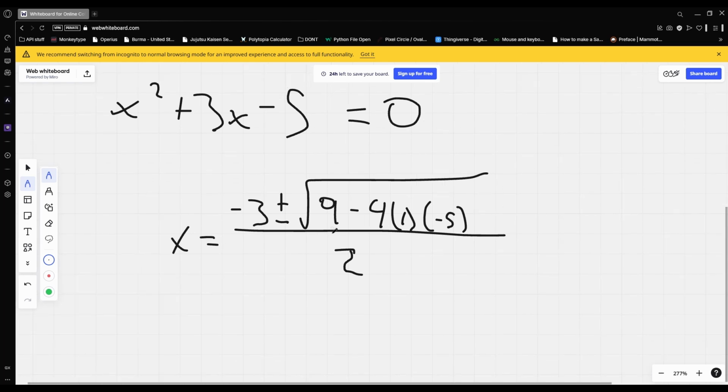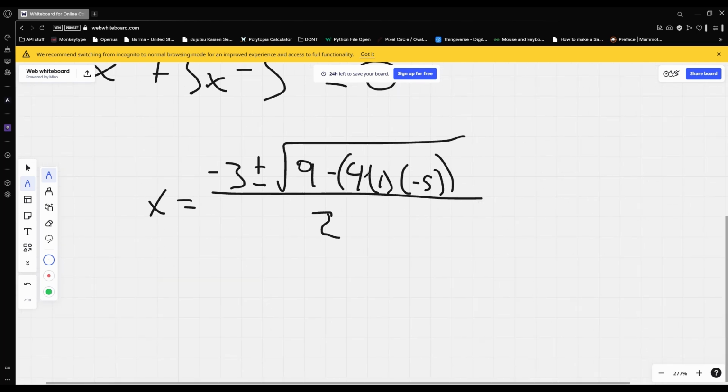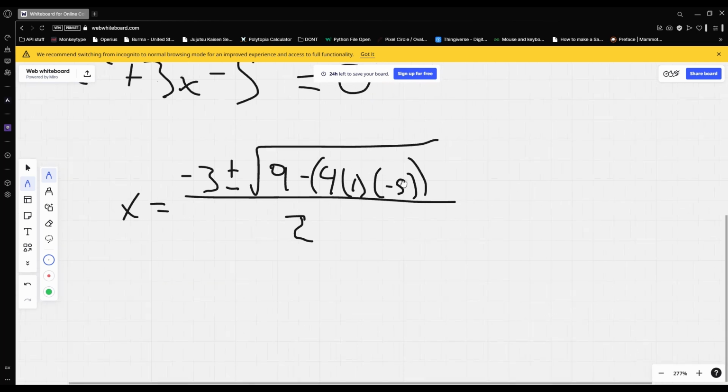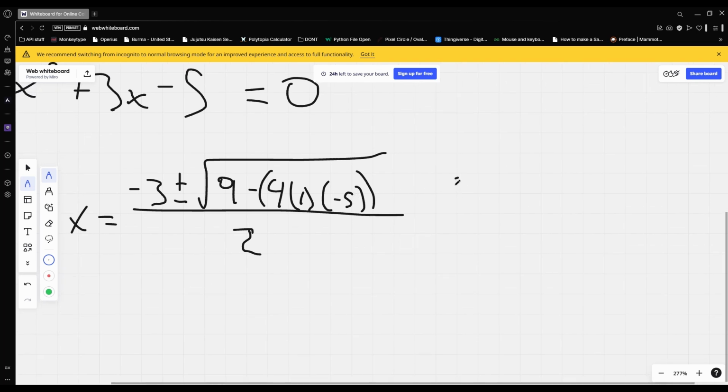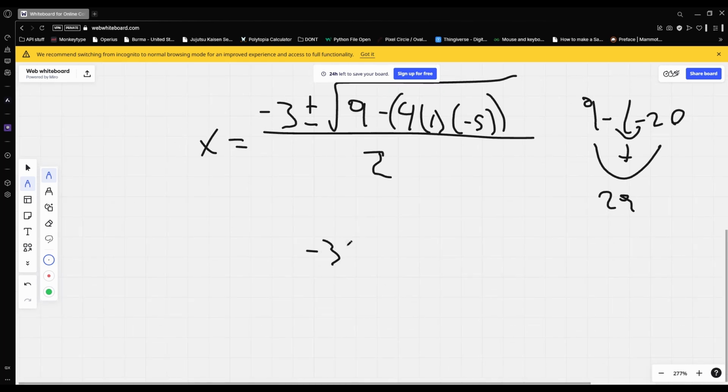Okay, let's combine this. Let's put this in parentheses here. We have 4 times negative 5, and that's equal to negative 20. So 9 minus negative 20 turns into a plus 29. So we have negative 3 plus or minus the square root of 29 over 2.